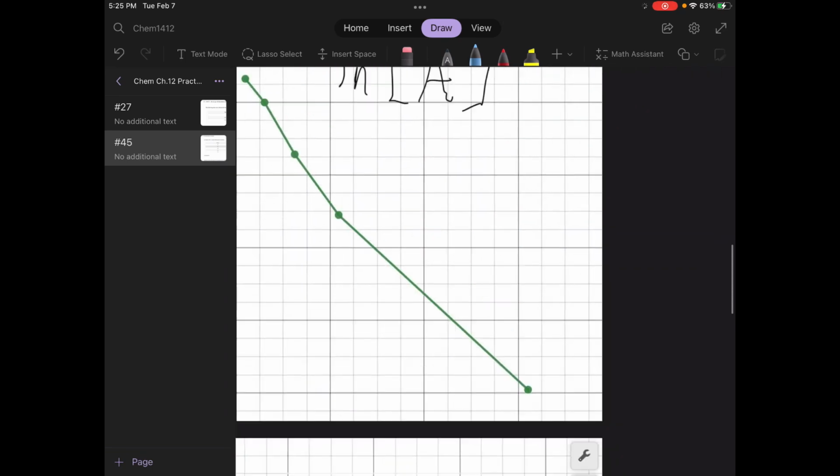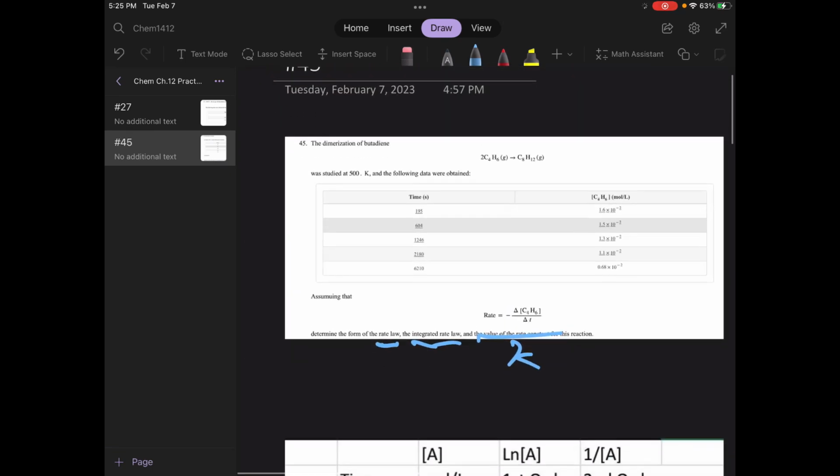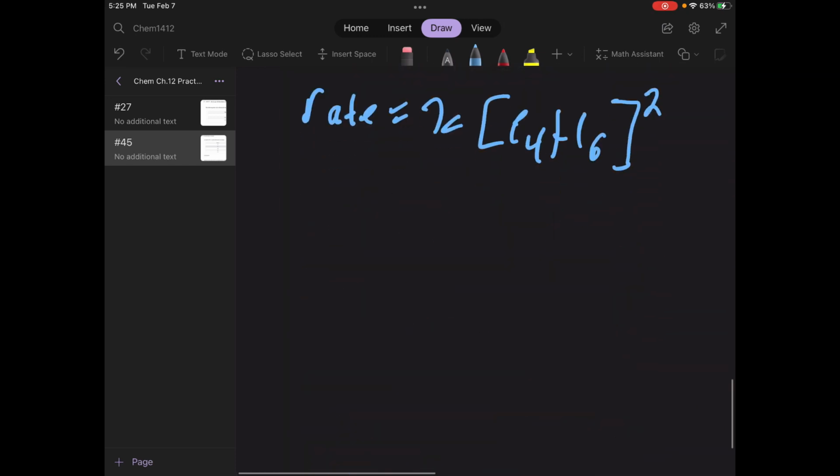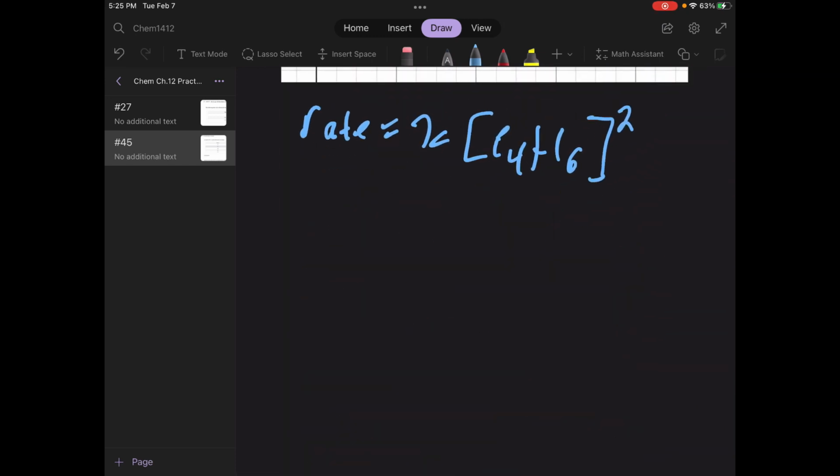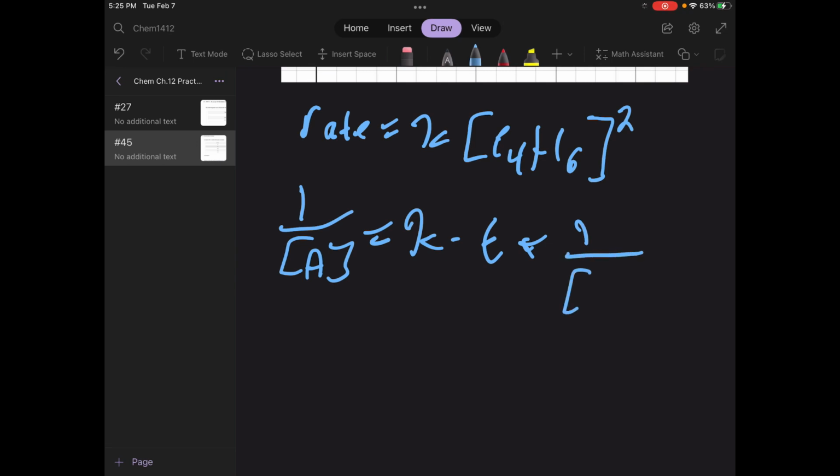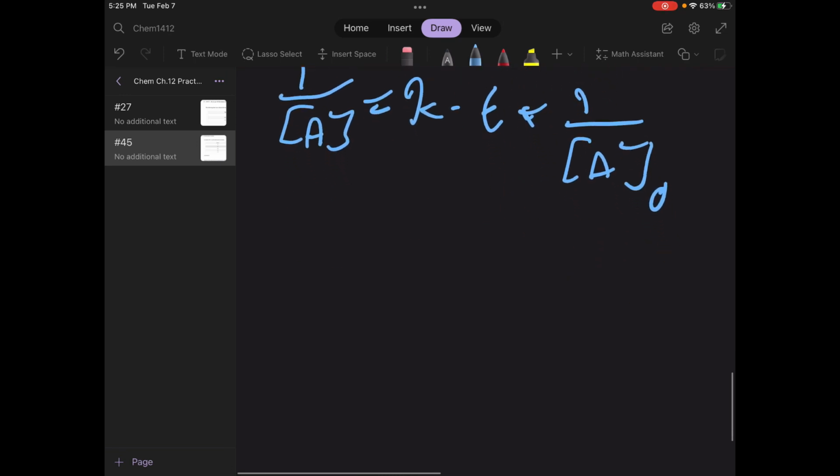Then the second part of the question is the integrated rate law. From our magic calculus sheet, the sheet that's already derived, second order ones take the form of 1 over molarity equals k times time plus 1 over the initial molarity.